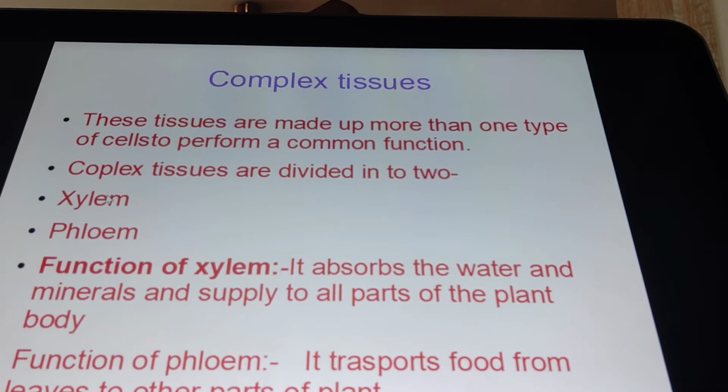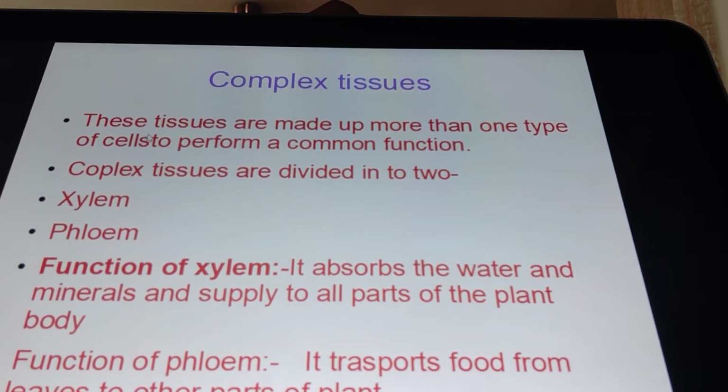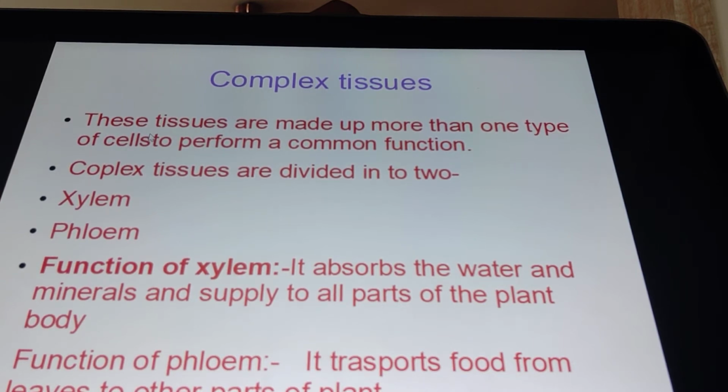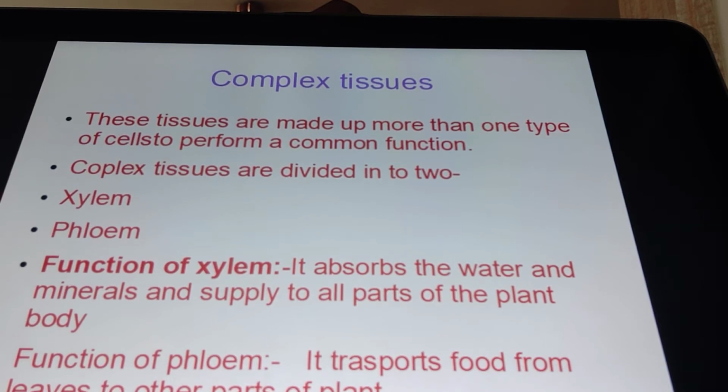Complex permanent tissue is again subdivided into two, xylem and phloem. It is written here that it is known as a complex permanent tissue because these tissues are made up of more than one type of cell to perform a common function. Now what is xylem?